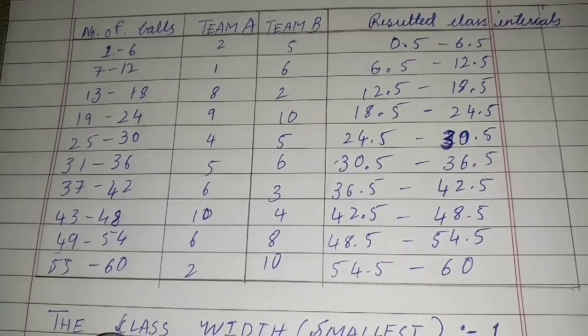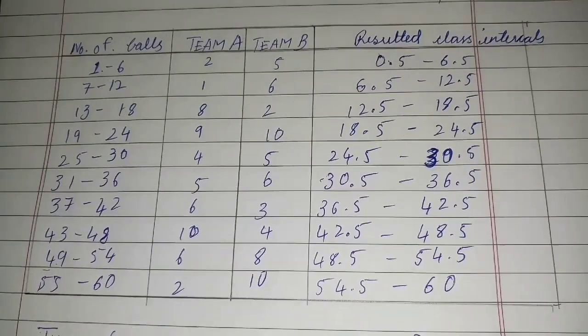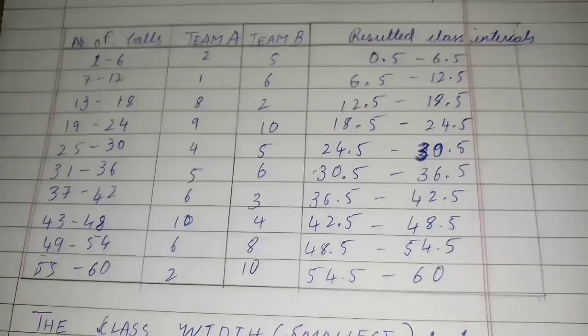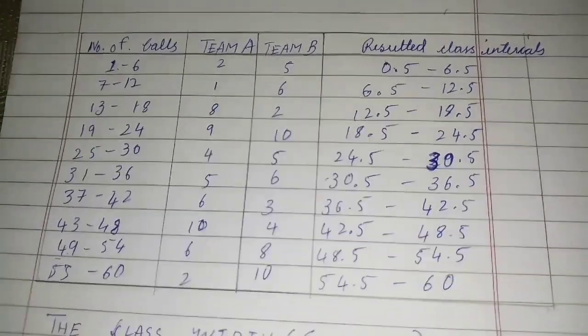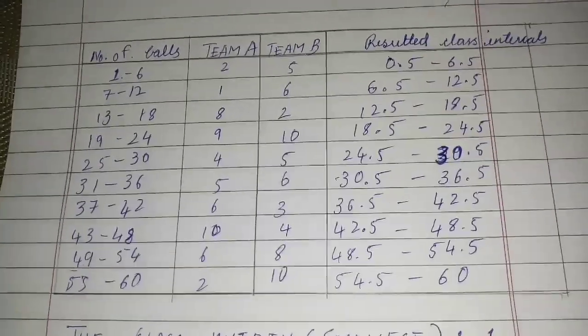As we can see, we have subtracted 0.5 from the lower limit of the class interval and added 0.5 to the upper limit of the class interval.